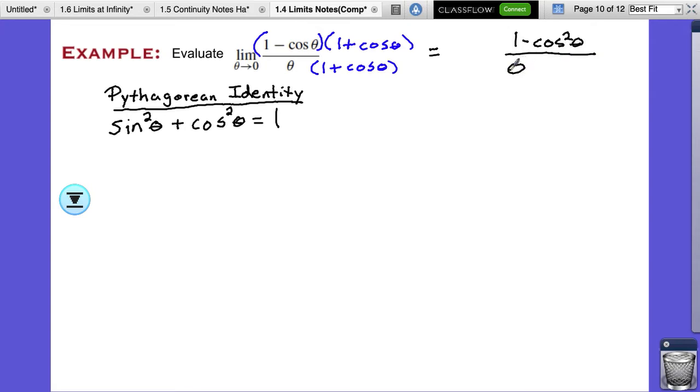The denominator has the theta, and also the 1 plus cosine theta.